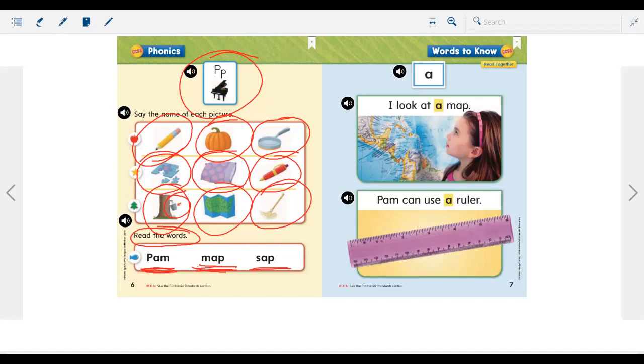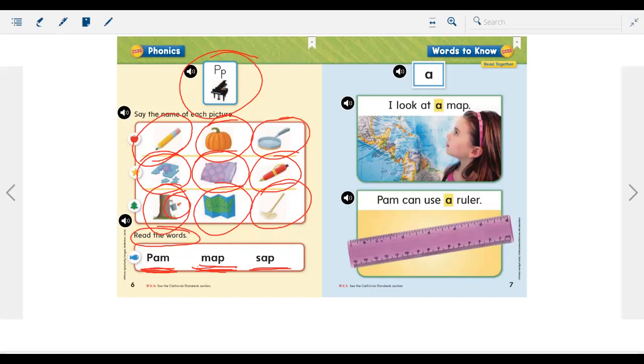So when you're saying P, the sound P, you press your lips together. You're going to keep your tongue at the bottom of your mouth, and you're not using your voice when you say P. You're going to force a little air against the back of your lips, and the air just builds up until it pushes out between your lips.